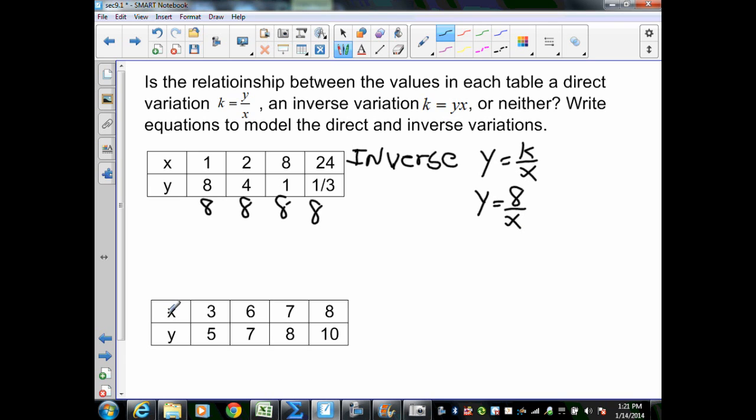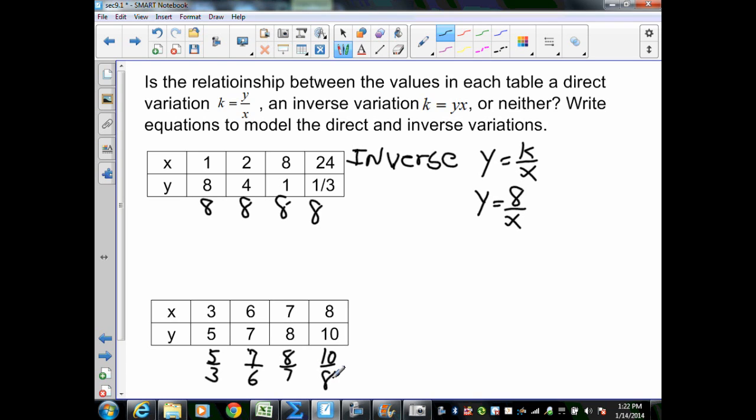My next example, I have x values that are increasing and y values that are increasing. So this is possibly a direct variation, but I need to determine, is my k the same for each ratio of y over x in each ordered pair? In other words, 5/3, 7/6, 8/7, and 10/8.